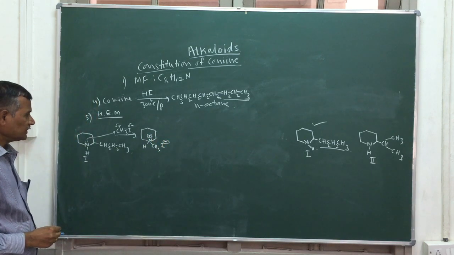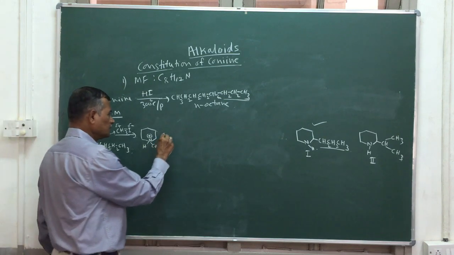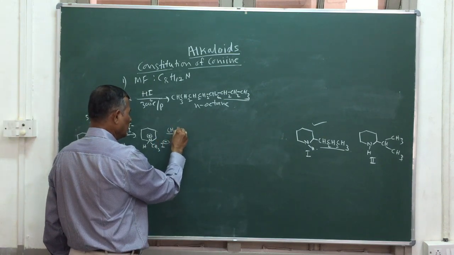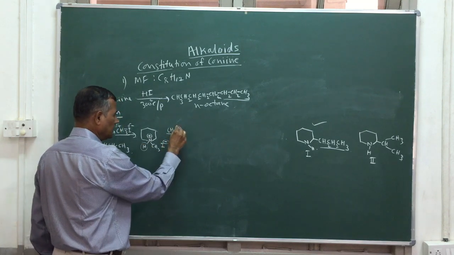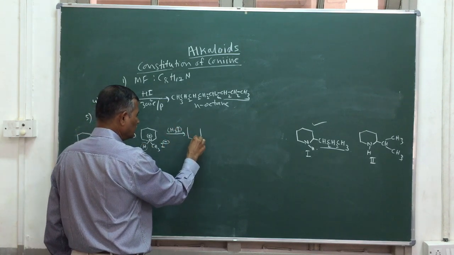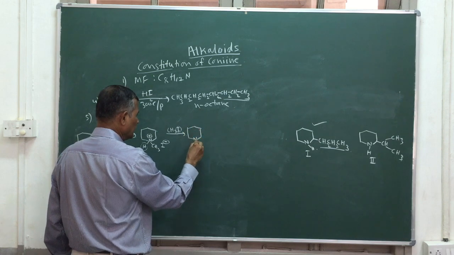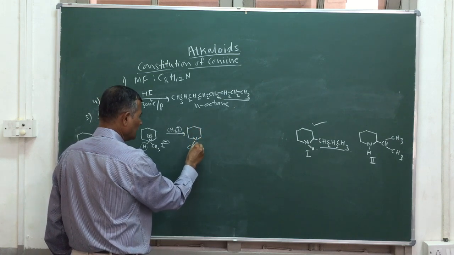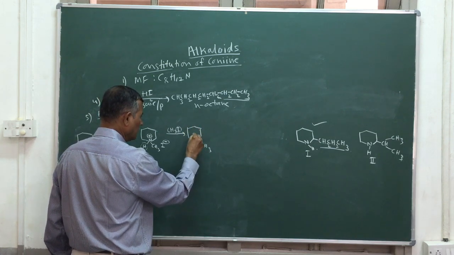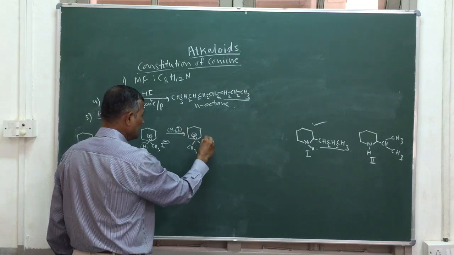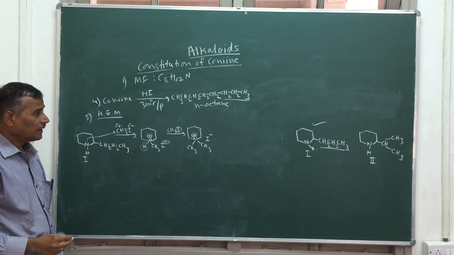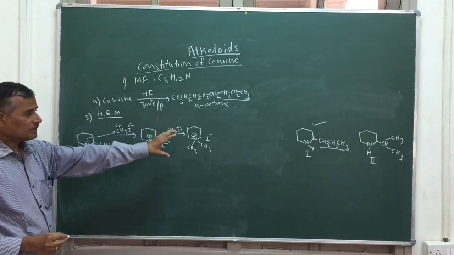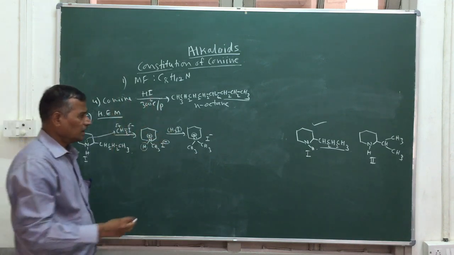Further, when you carry out this with another molecule, the hydrogen is going to be replaced by the methyl group. We will get a plus charge here, and this iodide ion. This is a quaternary methyl ammonium iodide you are going to get.